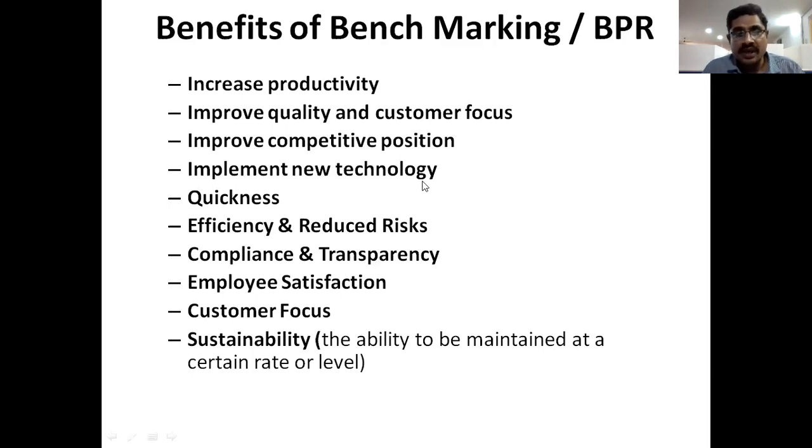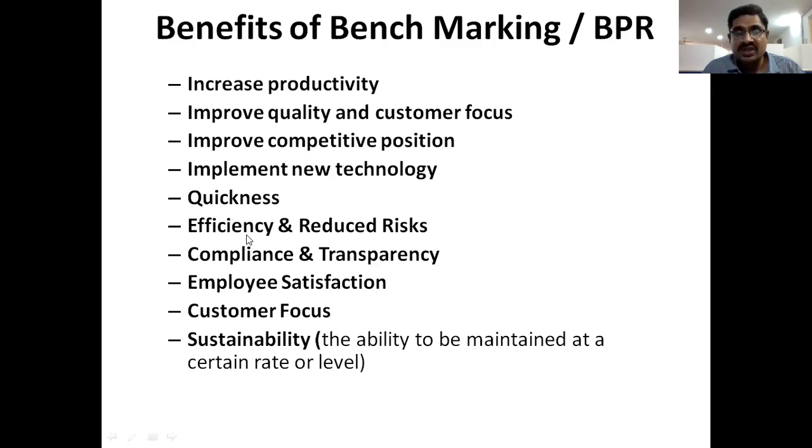Next, implement new technologies in our organization. Next, quickness in business activities and the results, whether sales, profits or expansions. Next, increase efficiency and reduce risk levels.